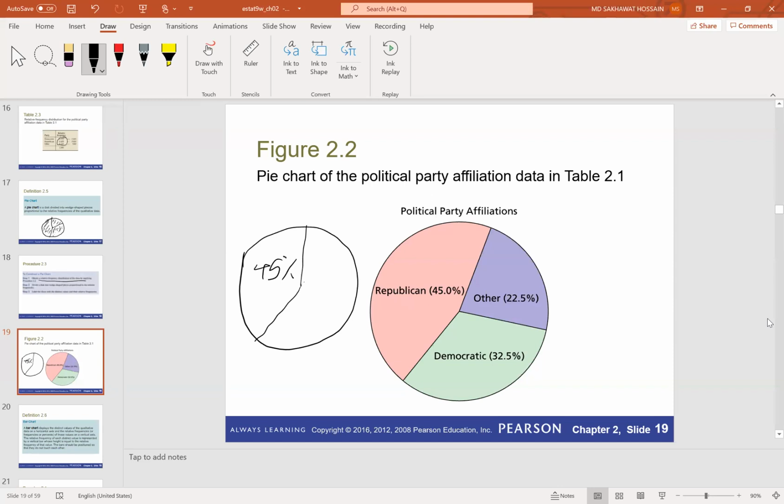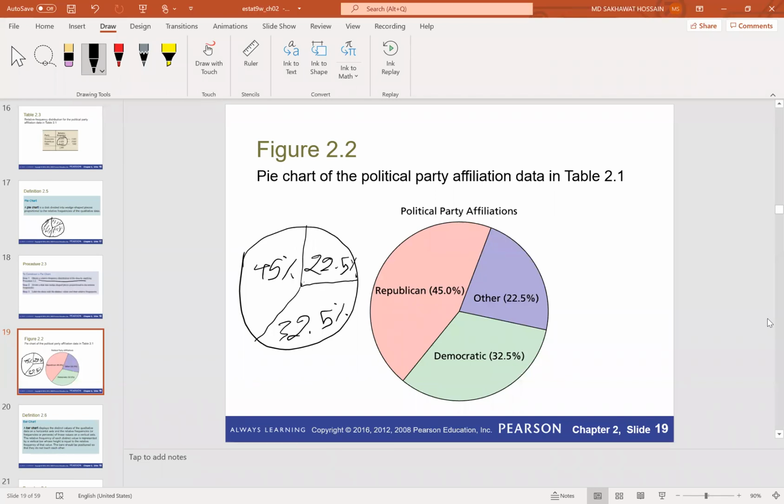Then the other party is 22.5%, and Democratic is 32.5%. The division should be proportional, so when you divide the disk, you have to divide it based on the percentage.